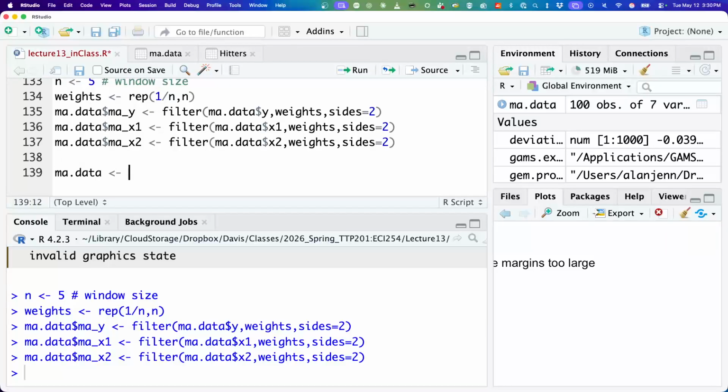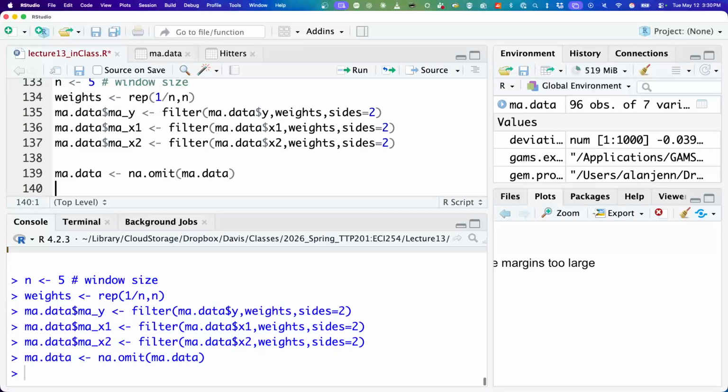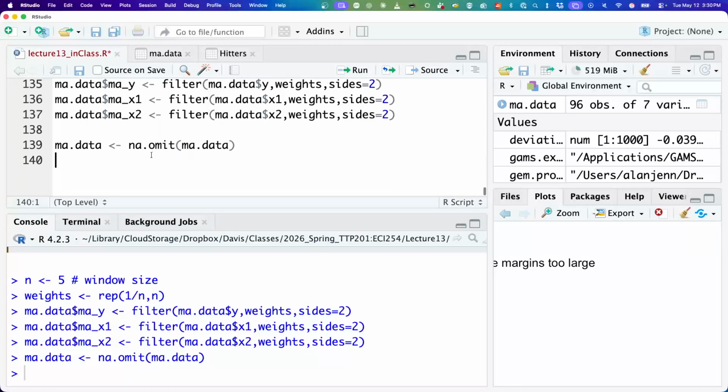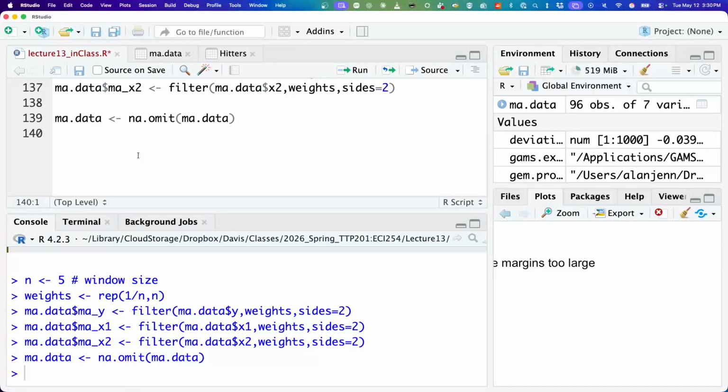We're going to just get rid of all of the data that's missing via this procedure. And then let's take a look at the data, what it looks like now. So I'm going to do x equals MA data $t.